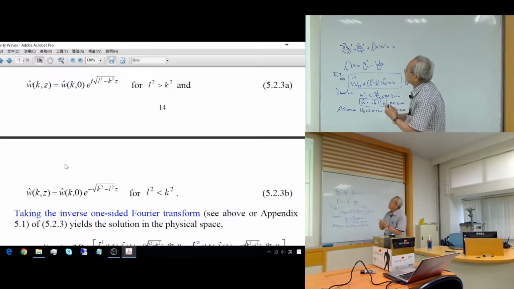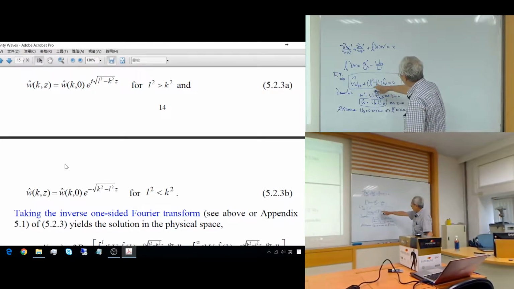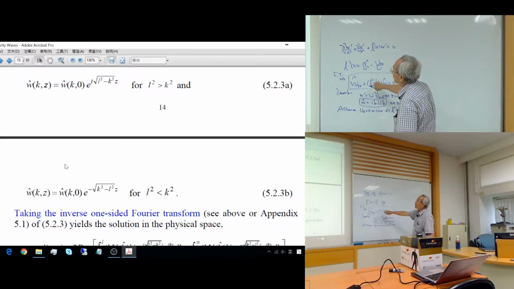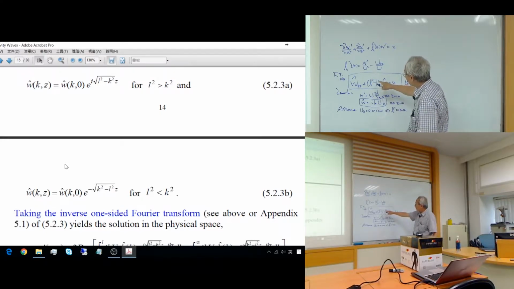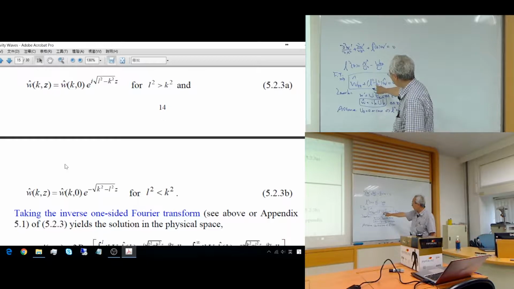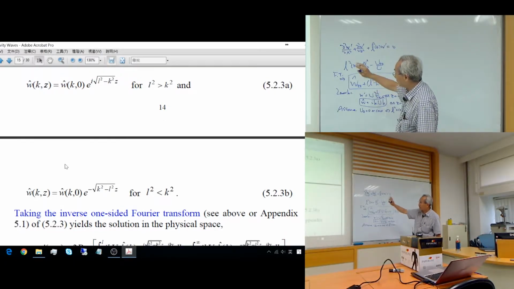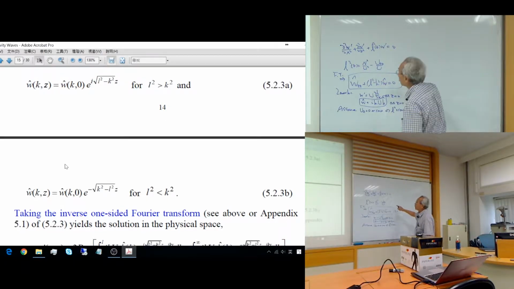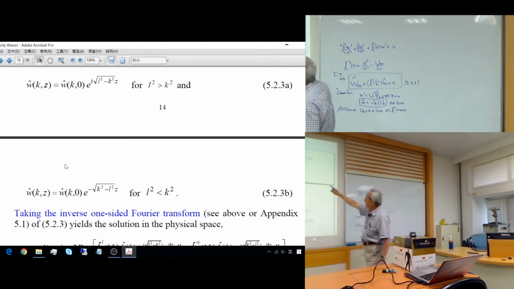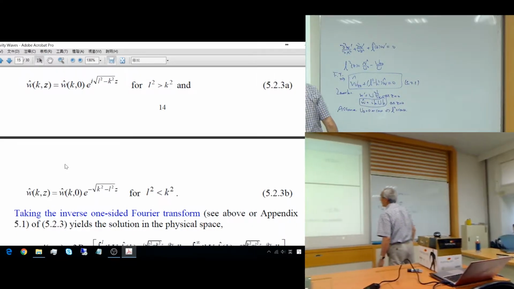Okay, so then we can solve this, right? Depending on whether L² is greater than k² or L² is less than k², we have two regimes, 5.2.3A and 5.2.3B.